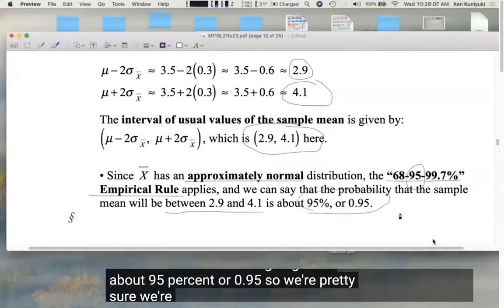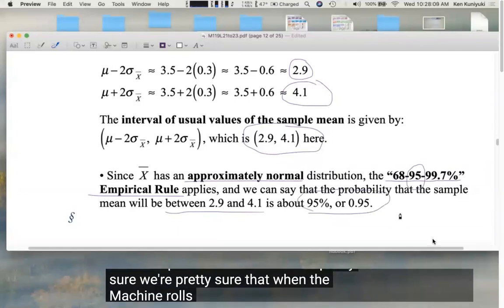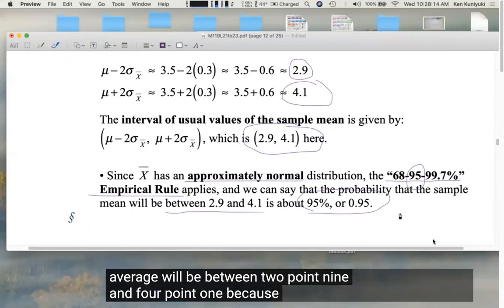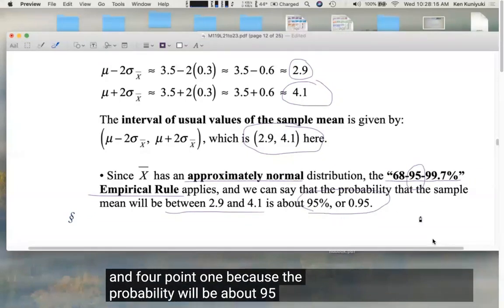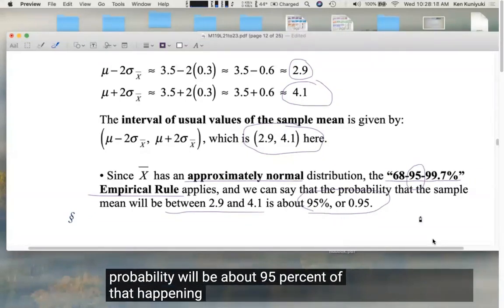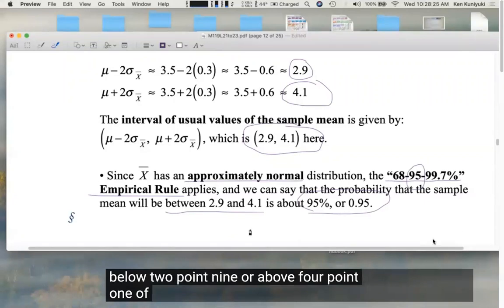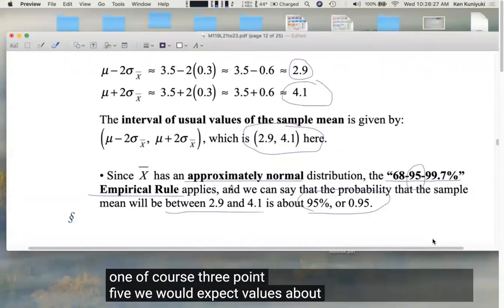So we're pretty sure that when the machine rolls the 32 dice, the average will be between 2.9 and 4.1, because the probability will be about 95% of that happening. It's not likely to be below 2.9 or above 4.1. Of course, we would expect values about 3.5.